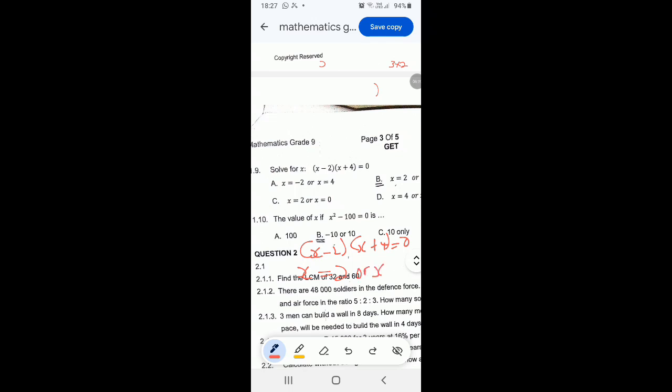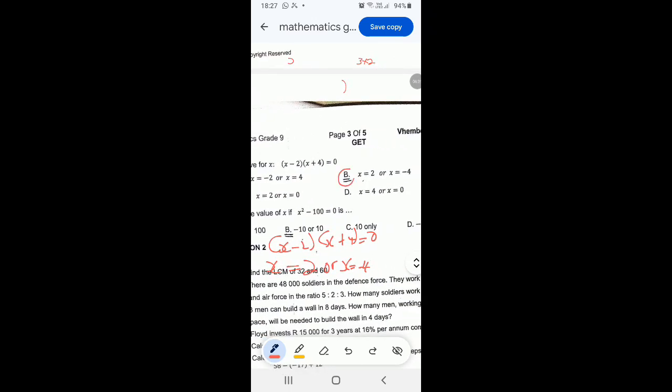When the number in the bracket is positive, your final answer will be a negative, and vice versa. There's a long way to do this, but this is the short way. So our answer here is B. Notice this. x is equal to 2. It was a minus inside the bracket. x is equal to minus 4. It was a plus inside the bracket.